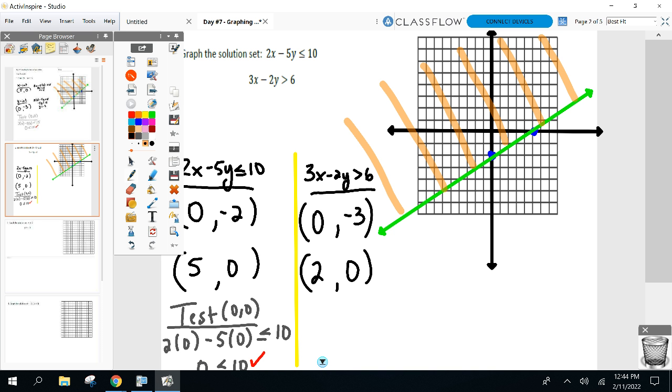And what type of line here? Dotted, dash, whatever you call it. Yep, got to have a dotted line here. 0, -3. 2, 0 with the dashed line.